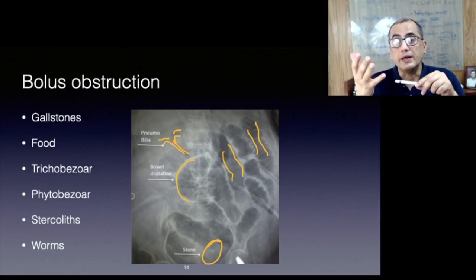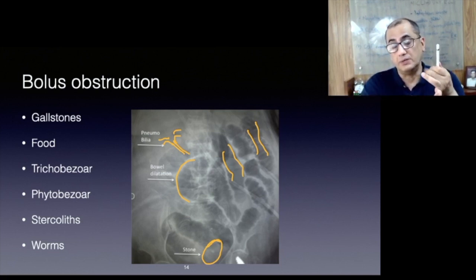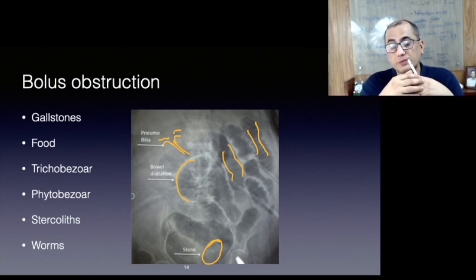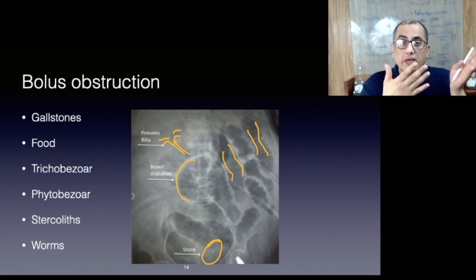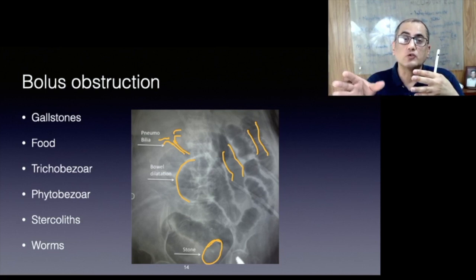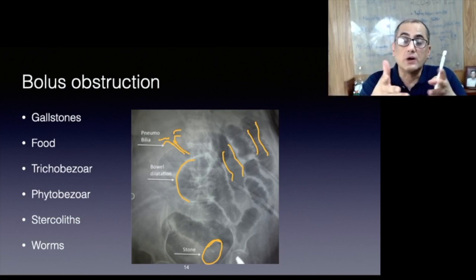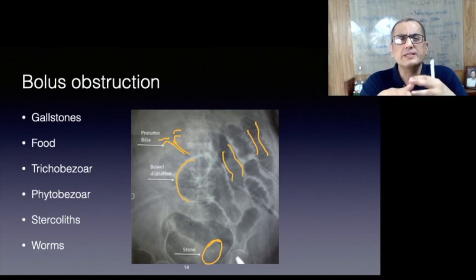Trichobezoars and phytobezoars, tricho from hair and phyto from vegetables, are firm masses of undigested hairballs and fruit and vegetable fibers, and when possible these lesions again are kneaded either into the cecum or taken out through an enterotomy. Stercoliths are found in jejunal diverticula or ileal strictures, and their presentation and management are identical to that of gallstones.